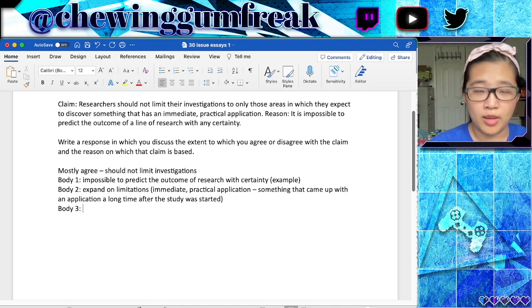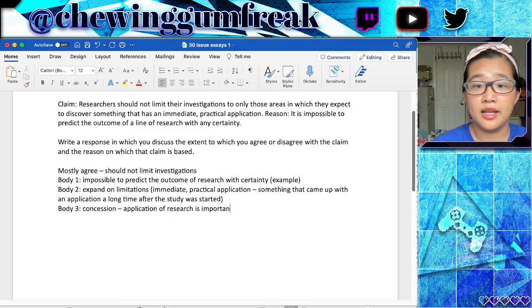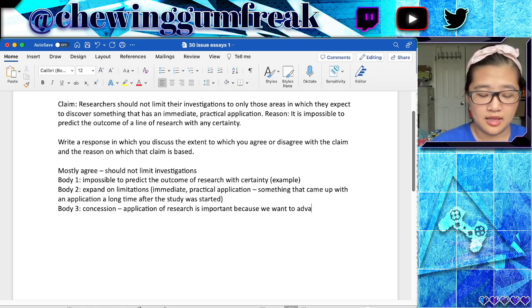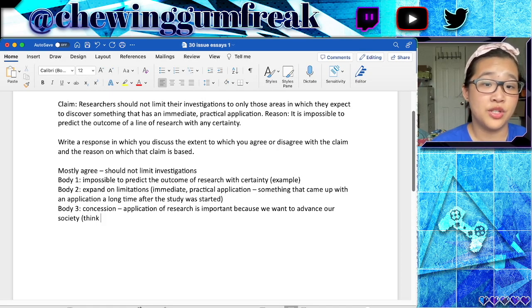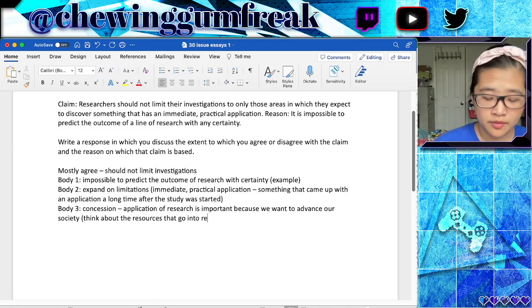Okay, and then 3, I'll make this sort of my concession, and the reason is because I want to address the opposite point of view, and that really strengthens my own argument. So I will say application of research is important because we want to advance our society, and then also think about the resources that go into research.